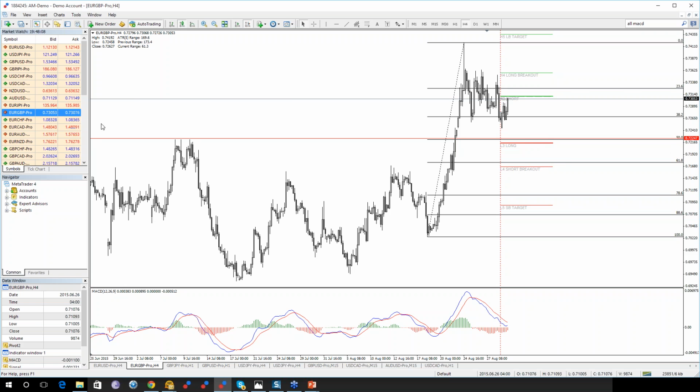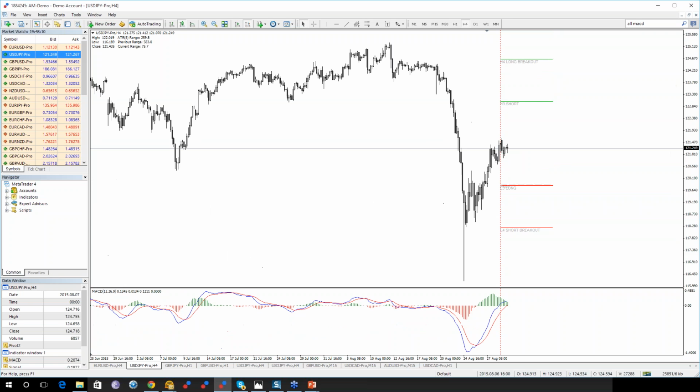Okay? Dollar yen. Well, I think dollar yen could be ranging now because NFP, which will be held on Monday, is the major catalyst for the subsequent move. So dollar CAD is basically stuck in a mini range now.